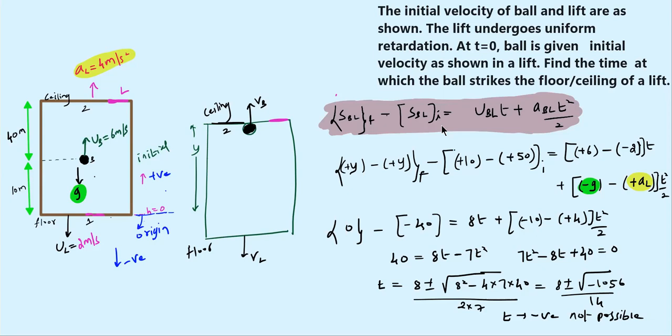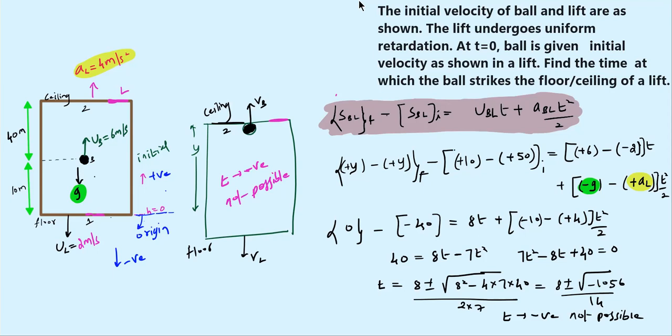I'm giving the idea. So I got t negative. t negative means, then what is wrong? It means the ball will not strike the ceiling of the lift.